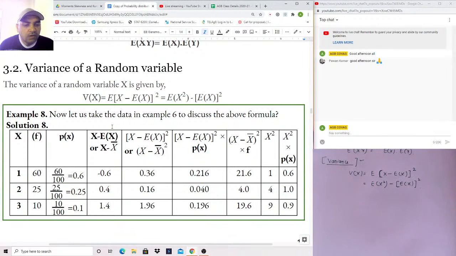Now let us find out whether this exactly holds true, and also check it with our previous knowledge of variance calculation.